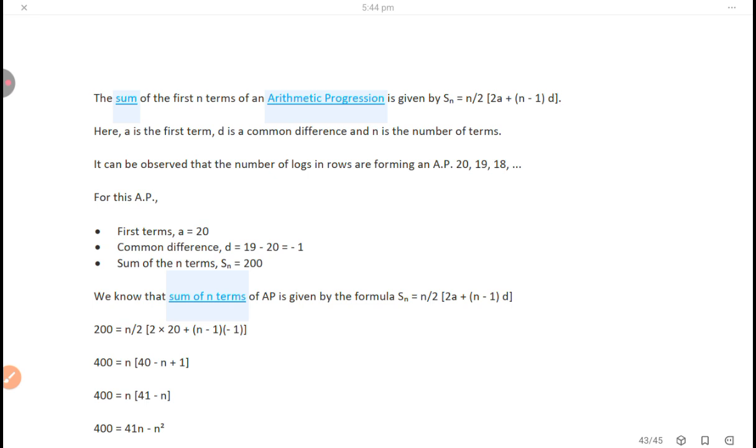Initially 20, 19, 18, and so on. So the first term is 20. The difference is minus 1. You know Sn is 200. So you have to find the n value.